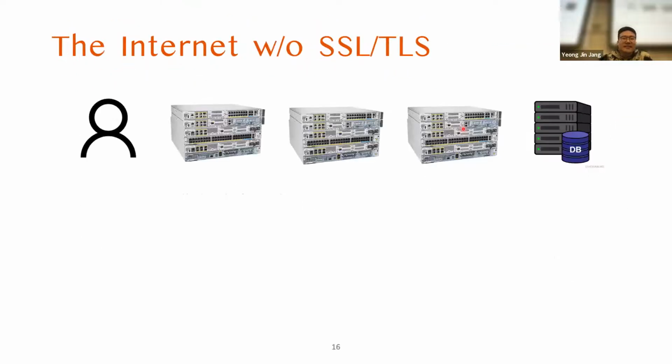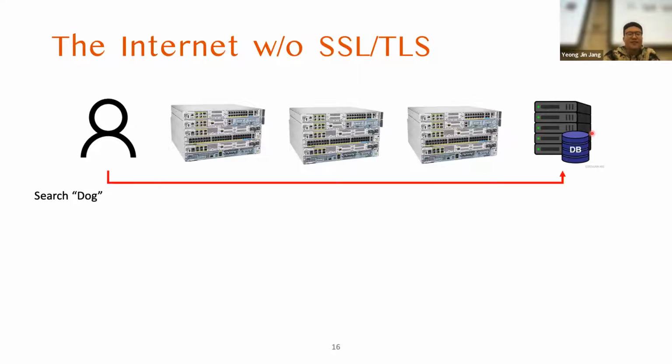So let's take a look at the internet without SSL and TLS. Suppose there's a user and a server, and I want to search for a dog. The packet will go over the insecure communication channel to the first router.